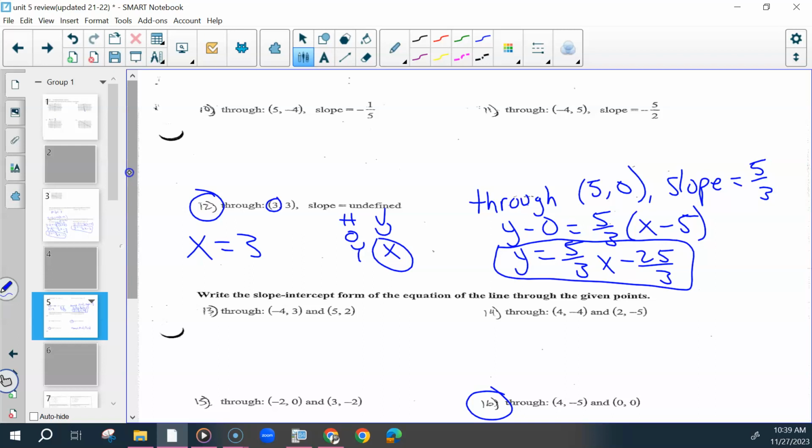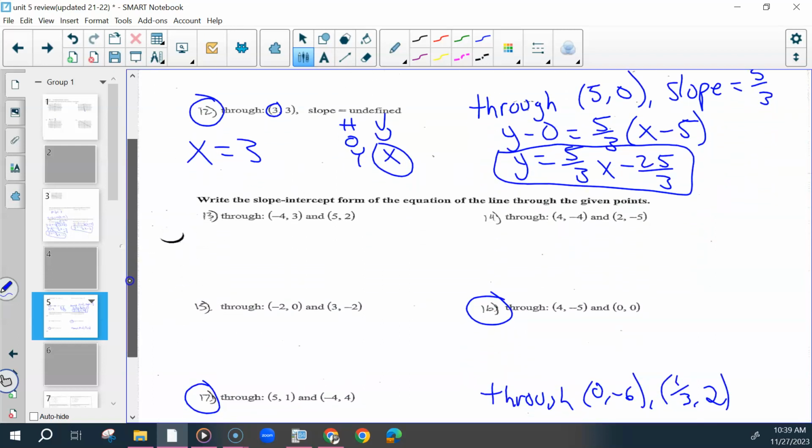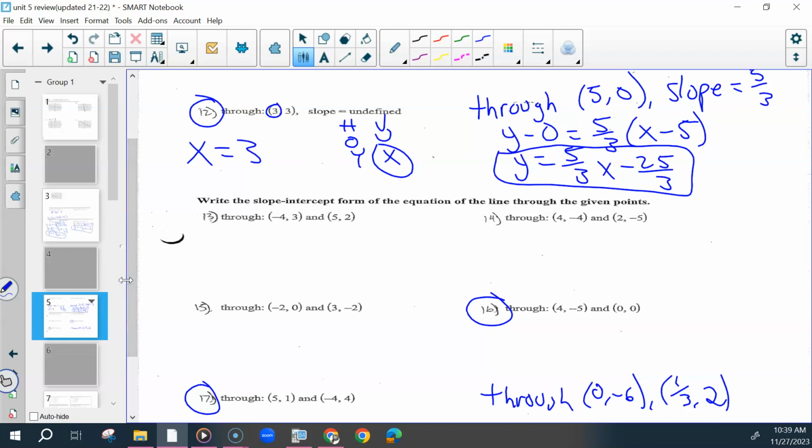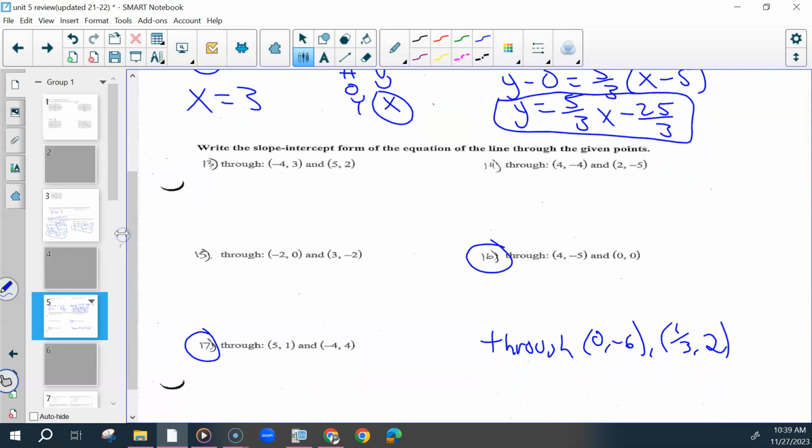I don't know if we're going to get through all of 16, but we can start it. For these problems where you have 2 points, you have to find your slope first. That's your y2 minus y1 over x2 minus x1.